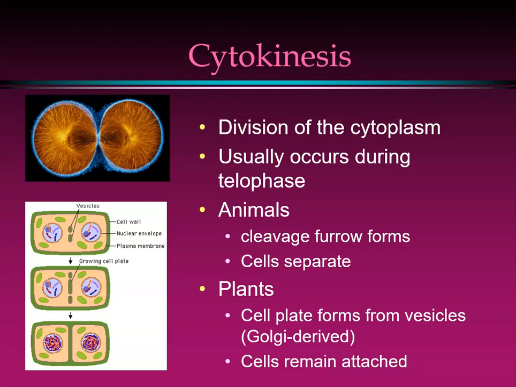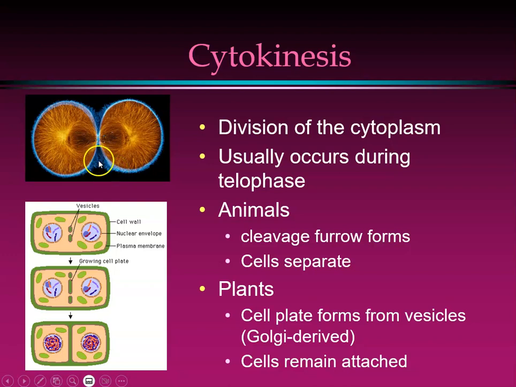So that's why in the previous slide, we saw the two cells starting to separate through the formation of the cleavage furrow in an animal cell. It's also shown here at the top left. That would be two animal cells forming through cytokinesis.